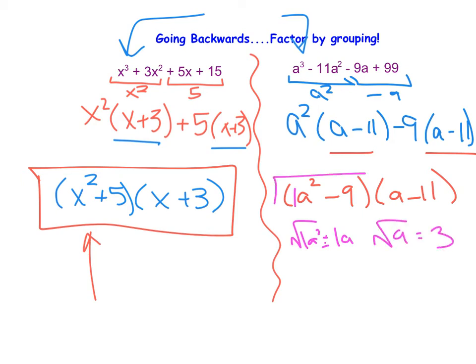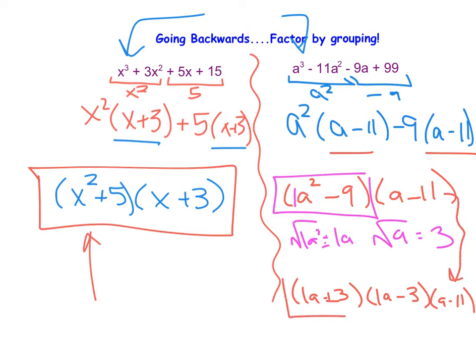So I know that I can factor this portion I've boxed in pink a little bit further. And I know that that piece factors to 1a plus 3 times 1a minus 3. And then I still have that a minus 11 at the end. So now this is written in complete factored form.